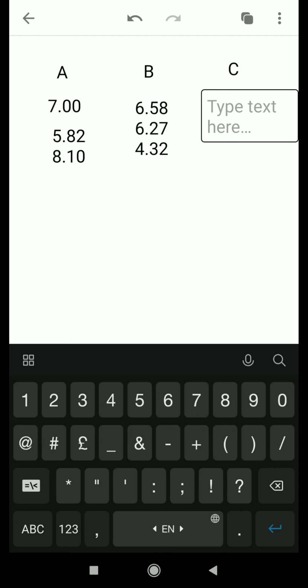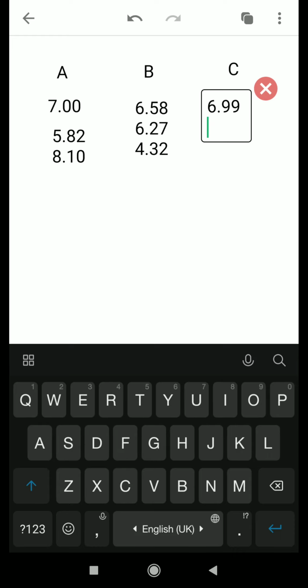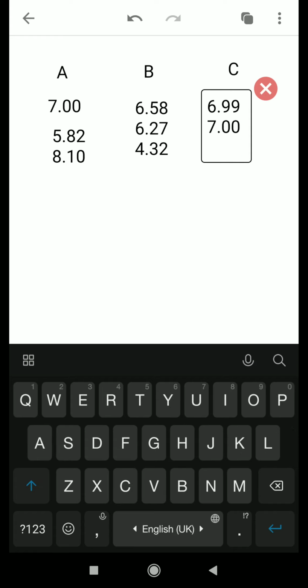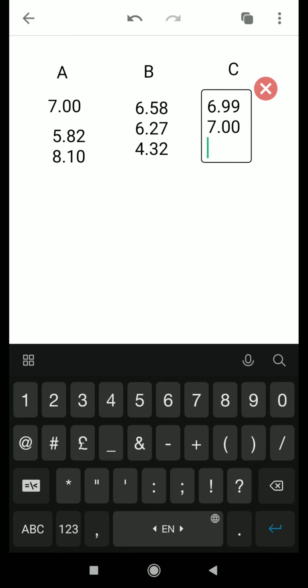Let's talk about C. What has C done? First time C got the result 6.99. Second time he got the result 7.00, and third time he got 7.01. Here the perfect value of the experiment is 7.00.